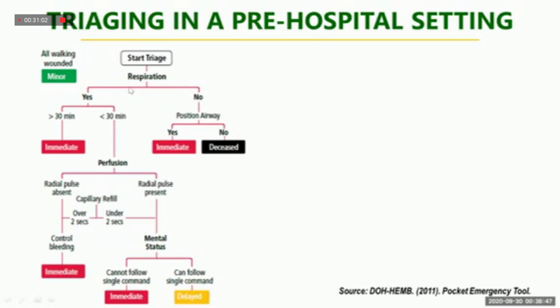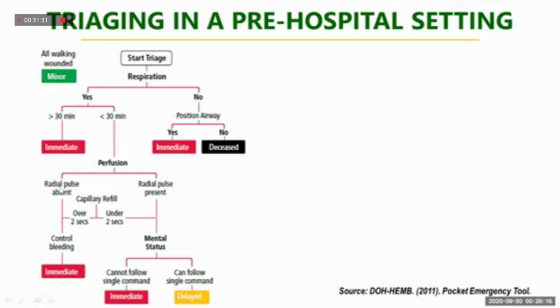However, if you have a patient who has spontaneous breathing, if he or she is tachypneic at more than 30 cycles per minute, immediately tag it as red. But if the patient is not in respiratory distress, you check for your perfusion or your circulation. What you can do is check for your radial pulse.